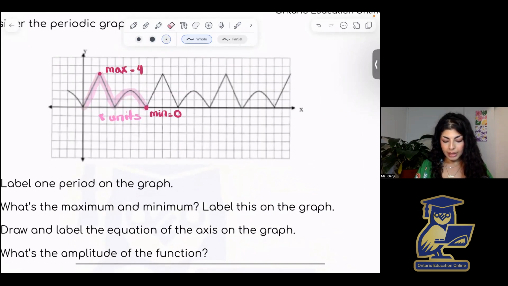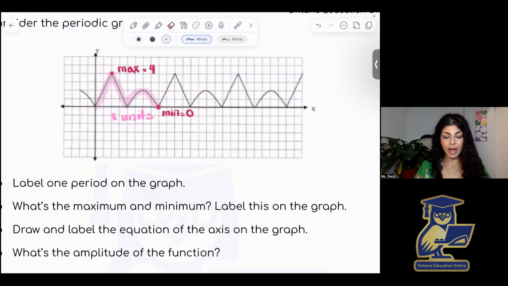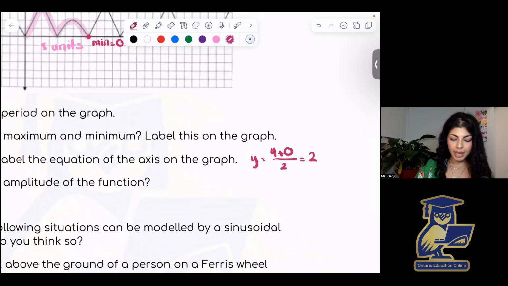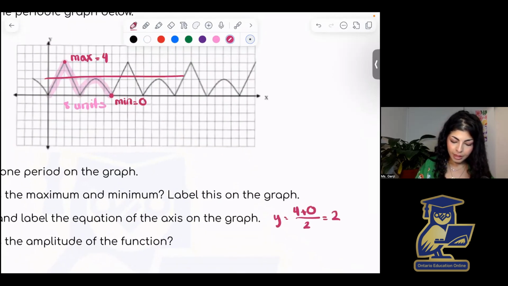And now draw and label the equation of the axis on the graph. So the equation of the axis, remember, is halfway between the maximum and the minimum. So y is equal to 4 plus 0 divided by 2, which is just going to be 2. So then it will be this line here.